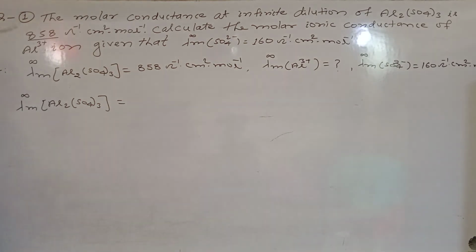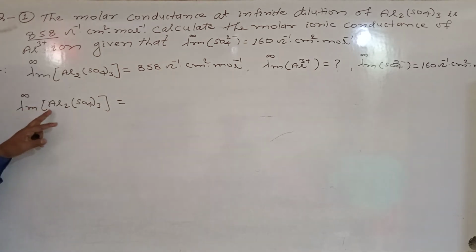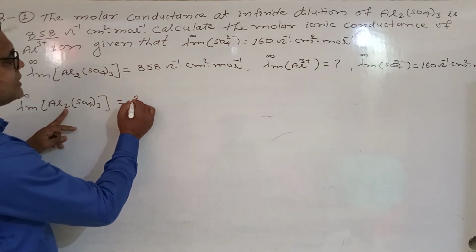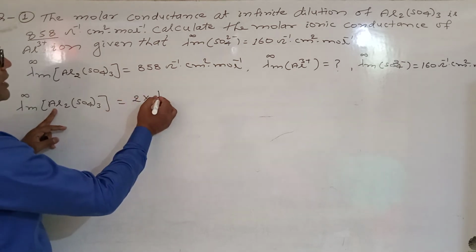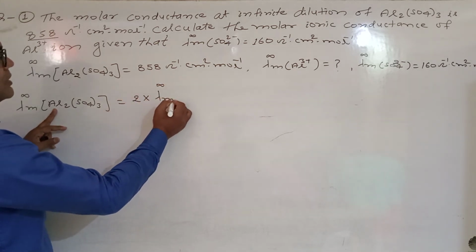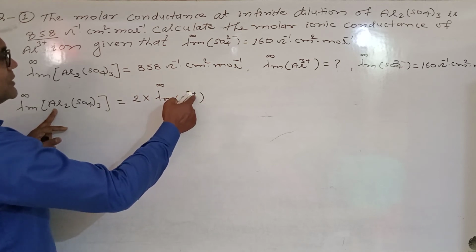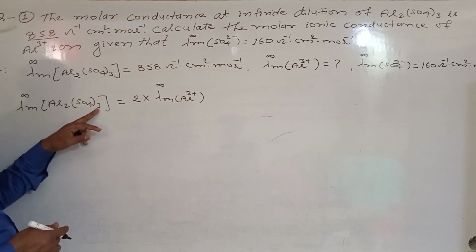We dissociate aluminum sulfate into ions. In aluminum sulfate, the number of aluminum ions is 2. Therefore, we write 2 and lambda infinity m aluminum ion. The 3 positive charge indicates the valency of aluminum is 3.